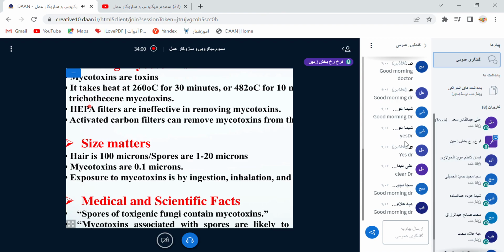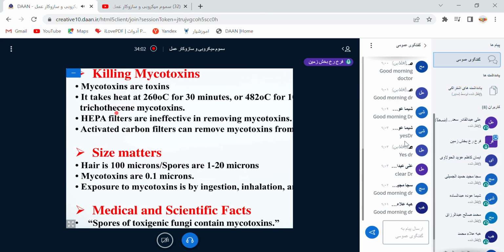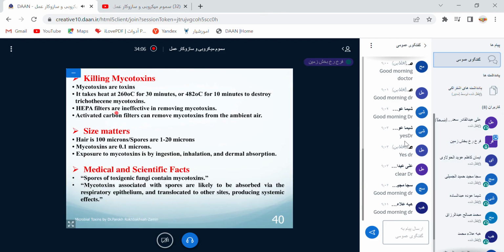So trichothecene mycotoxin is an example. If it is present in the food, more than 30 minutes with a temperature of more than 260 degrees centigrade is necessary to destroy it. If not, it is present there.